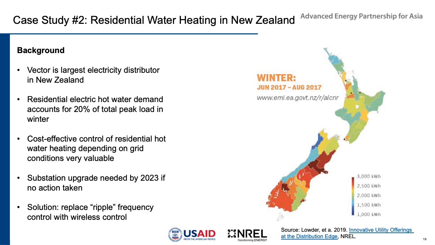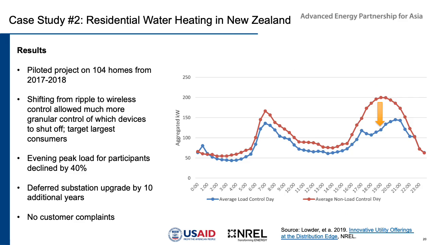Okay, now let's move to our third case study, which takes place in Colorado with the utility Xcel Energy. Xcel Energy provides power and gas to many consumers in the state of Colorado, and they've been conducting demand-side management programs as part of their integrated resource planning for over 20 years.